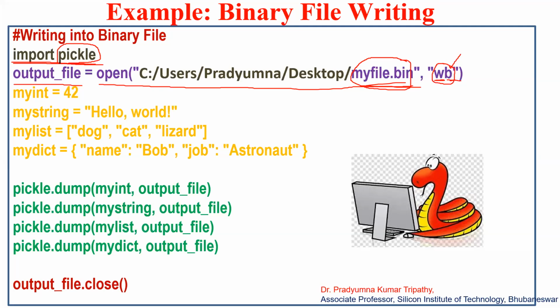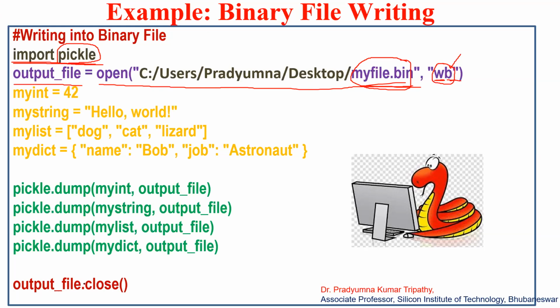Everything is in the form of text characters. But just look over here into the file. I want to write an integer, a string, a list, a dictionary, and you may add some tuples and other things as well. Correct?